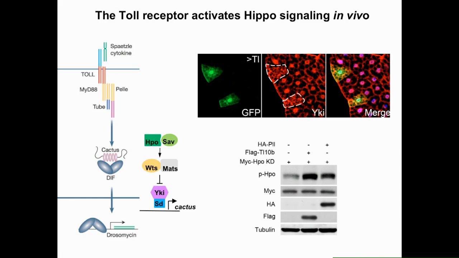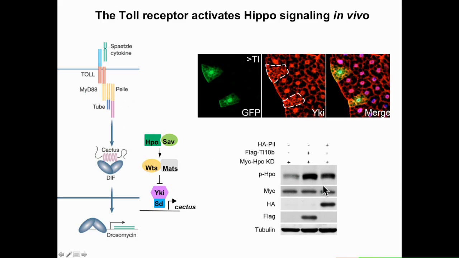That suggests that the toll receptor is sufficient to activate Hippo signaling in vivo. And he can show similar data in these cell culture-based studies where he can simply overexpress the activated toll receptor or the Pele protein kinase, which is one of the downstream effectors of the canonical toll receptor signaling.